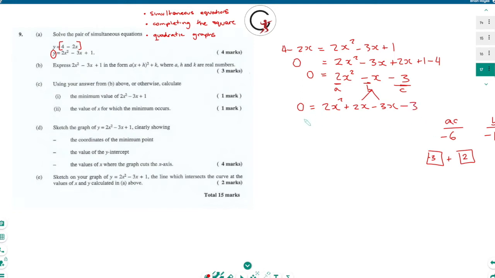Now the next step to solve this is to factor by grouping. What this means is we're going to see what is common to the first two terms and what's common to the last two terms, such that we can factor it out. So I'm looking at 2x squared and 2x, and I'm saying 2x is common to both of those terms. If I'm factoring out 2x from 2x squared, that leaves an x, right?